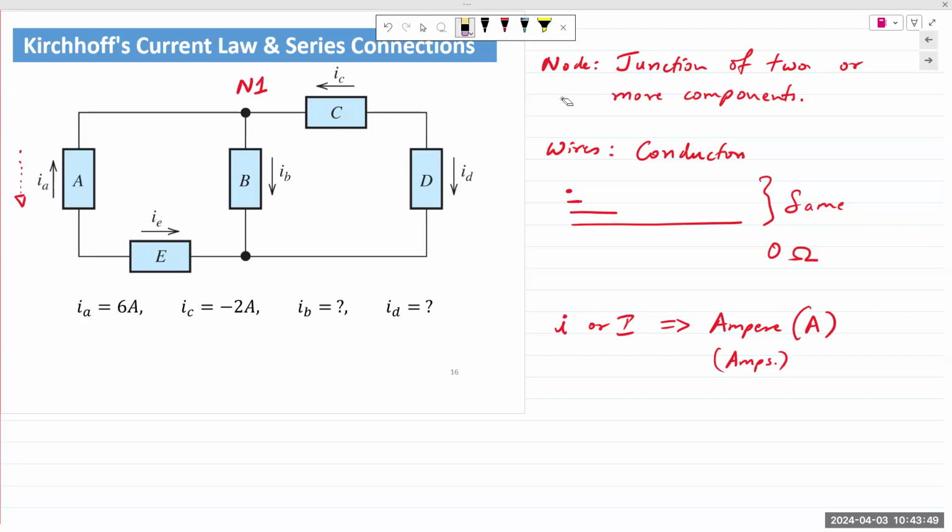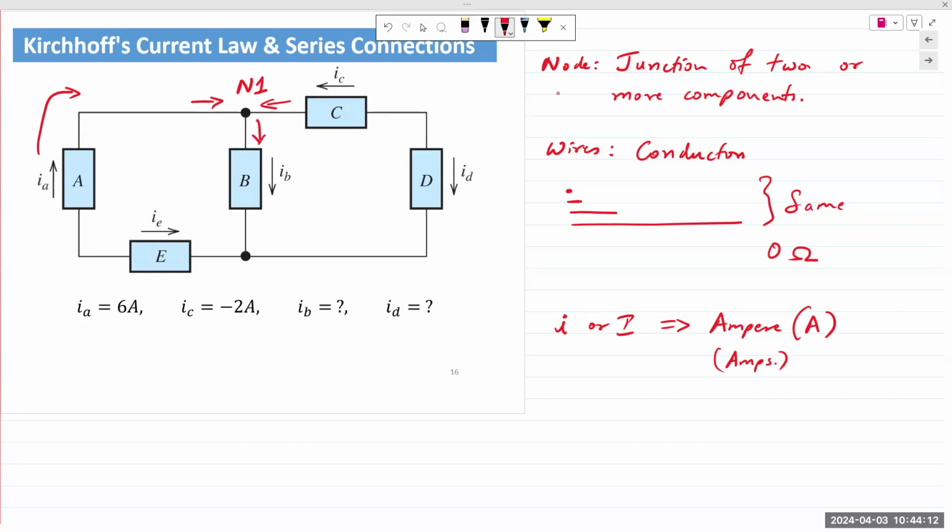In this example, we are shown that IA is moving upwards. Then we are also shown IC moving towards the left, clashing. And then we see IB coming down.